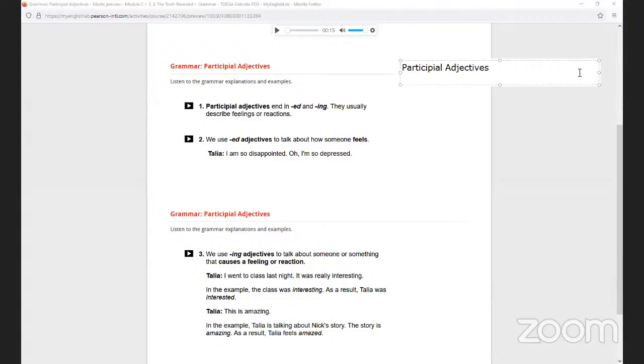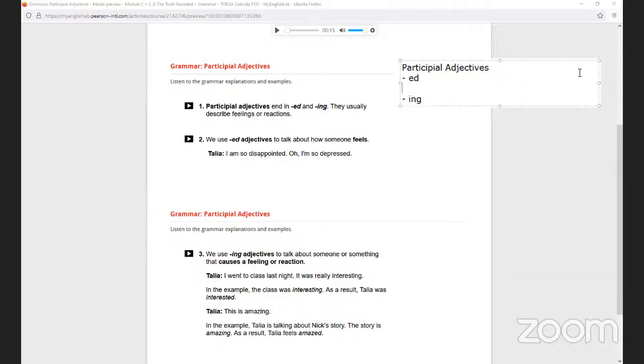In participial adjectives, we have to see two kinds of adjectives. The first one is adjectives that end in ed. And the second one is adjectives that end in ing.